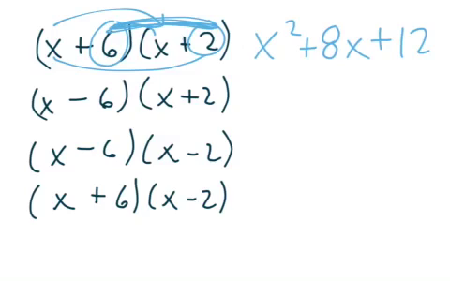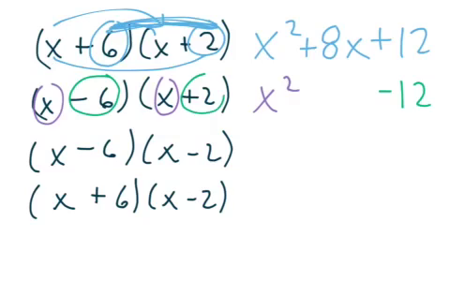Let's try the next one. Alright, this one not so messy here. Does everybody agree I got to get x squared? Why? Because x times x is x squared. Does everybody agree I'm also going to get a minus 12? Why minus 12? Because I have a negative 6 and a positive 2 times together is negative 12.